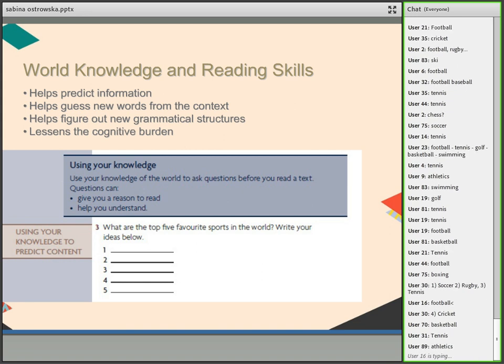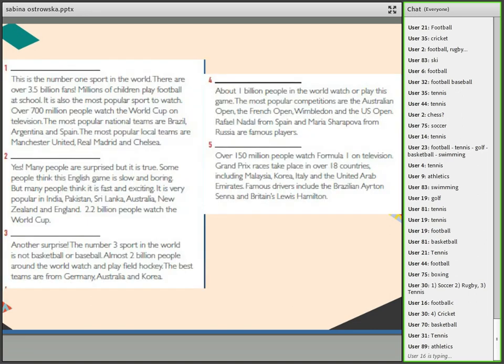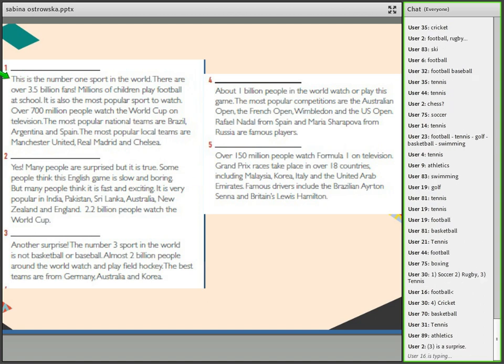Okay. So the next step, we would give students reading comprehension. This is a text about the top 5 most popular sports in the world. If you look at the first paragraph, of course, we can say number 1 is football, and you were all correct.